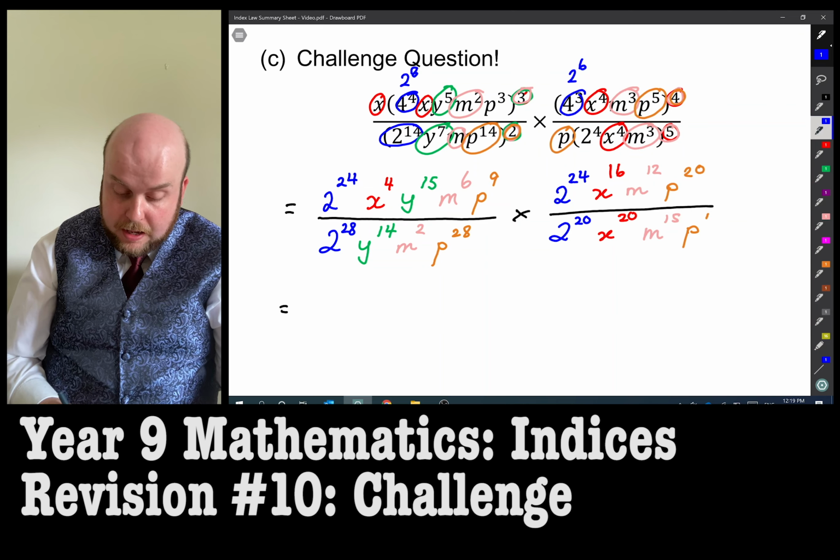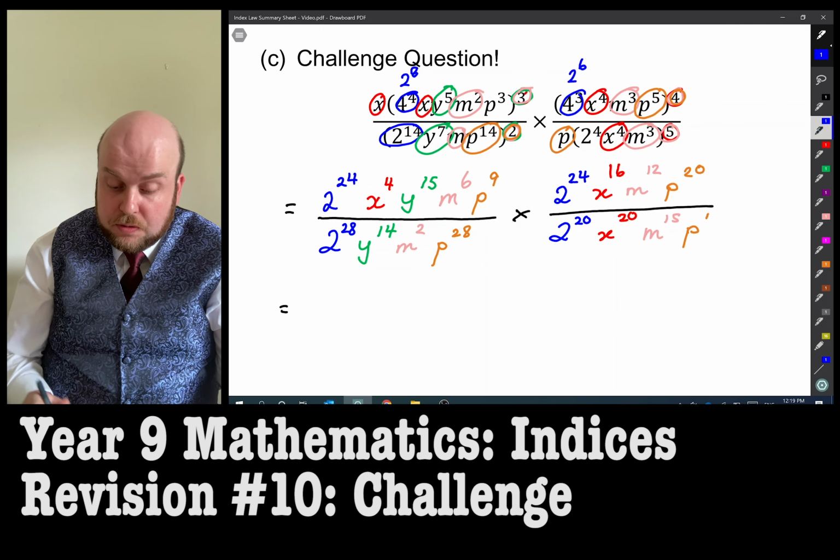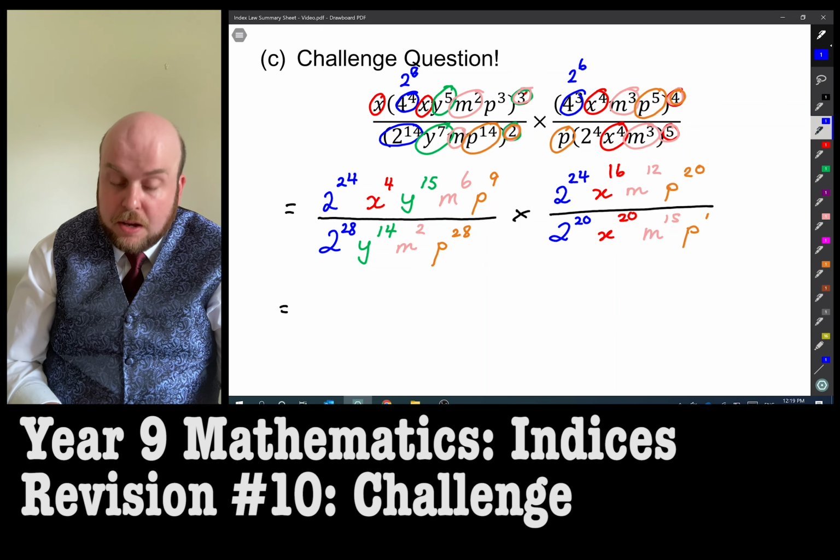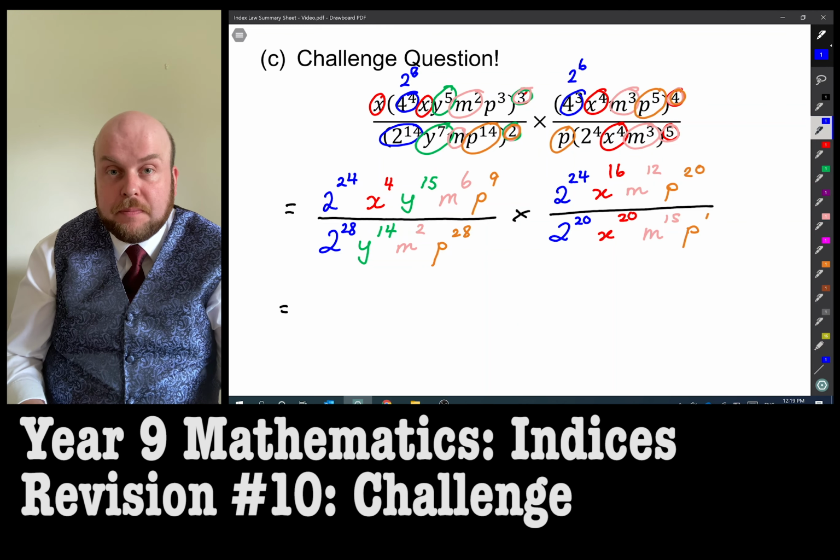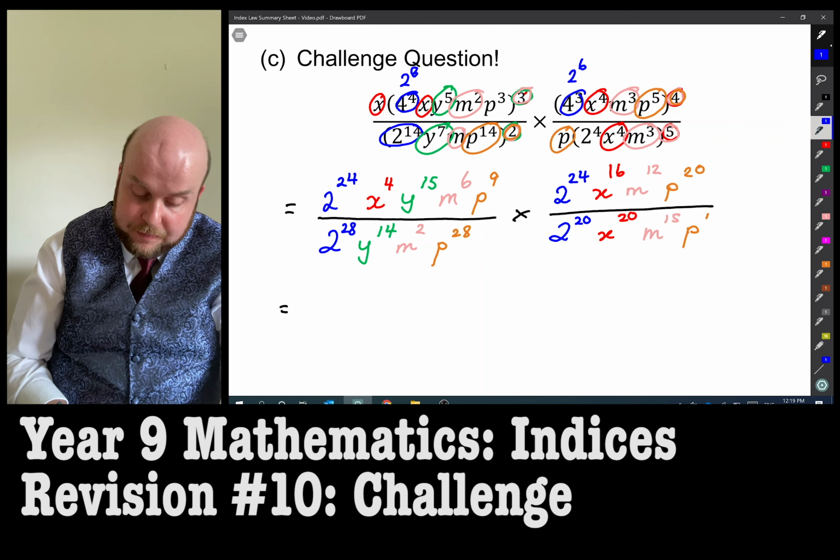So we can now do 2 steps at the one time. We can add the powers on the top, but also we can take away the powers at the bottom.